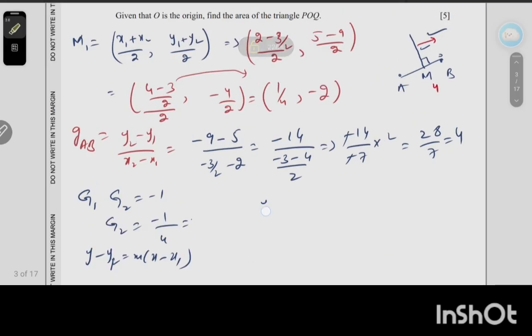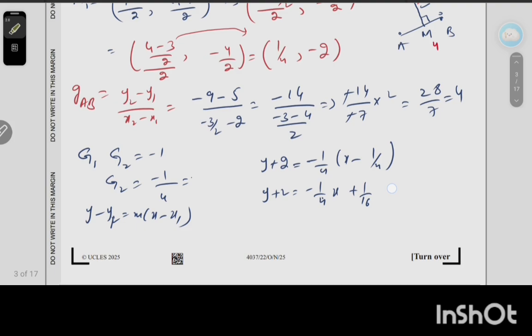Okay, y minus y1. What is the y1? Y1 is minus 2, so it will be positive 2, and gradient minus 1 by 4, x minus x1, x1 is 1 by 4. Okay, y plus 2 equals minus 1 by 4x plus 1 by 16.